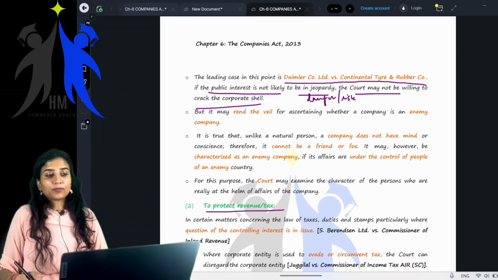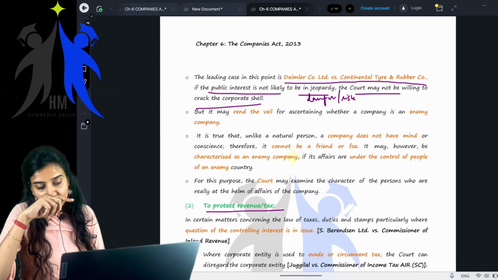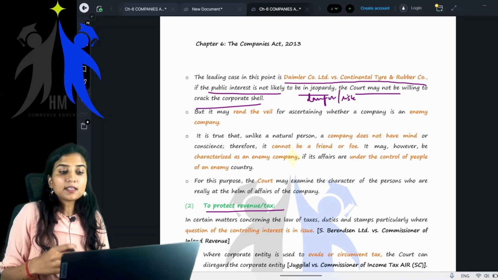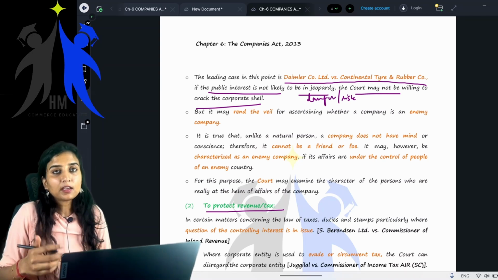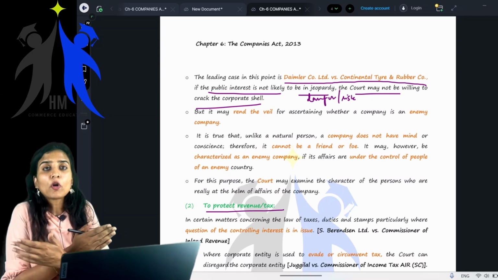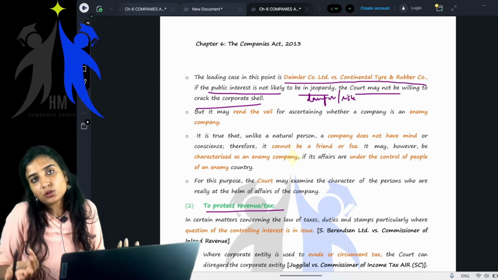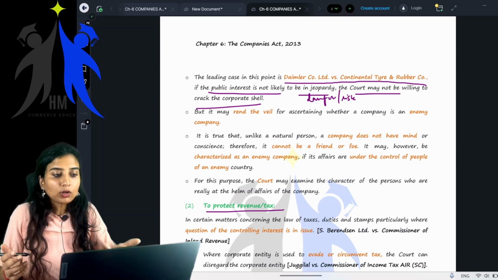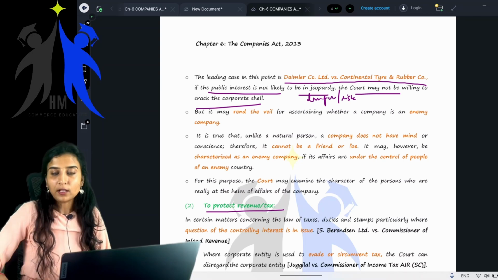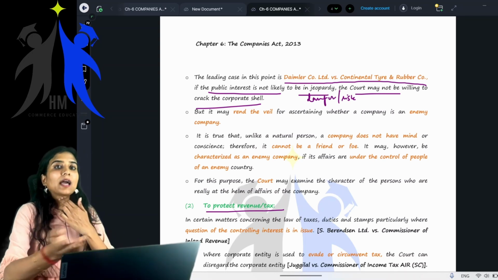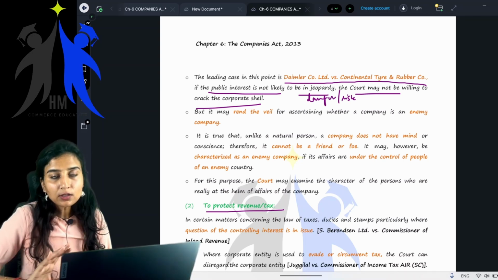So basically, if the public interest is not at risk, say for example if there was no war taking place, then obviously the court will not be willing to crack the corporate shell. Daimler Limited should have paid the amount to Continental.